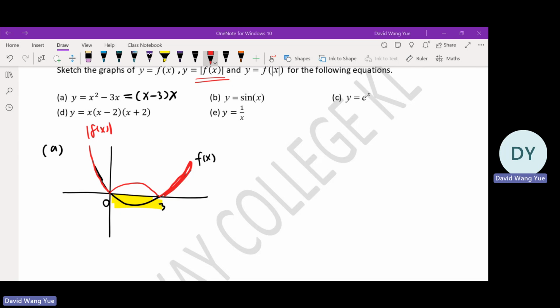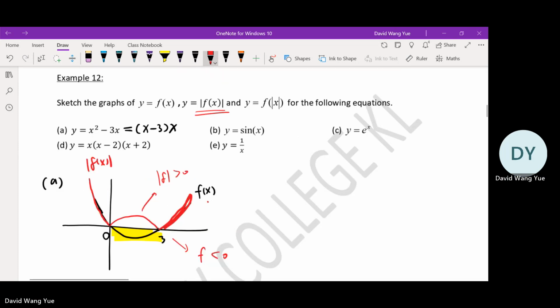Okay, this is f(x). So the part of the curve that is below the x-axis means f is less than 0. So when I reflect up, it means the absolute value of f is more than 0.